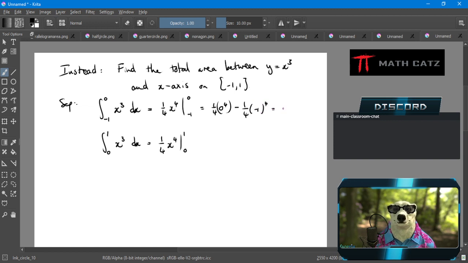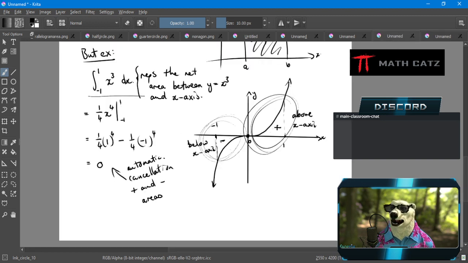I'm going to get negative 0.25. The negative, because I know what the graph looks like, negative makes sense. That simply means the position of the area. It doesn't change the size of that little area, that little wedge type shape. The negative just indicates the position.